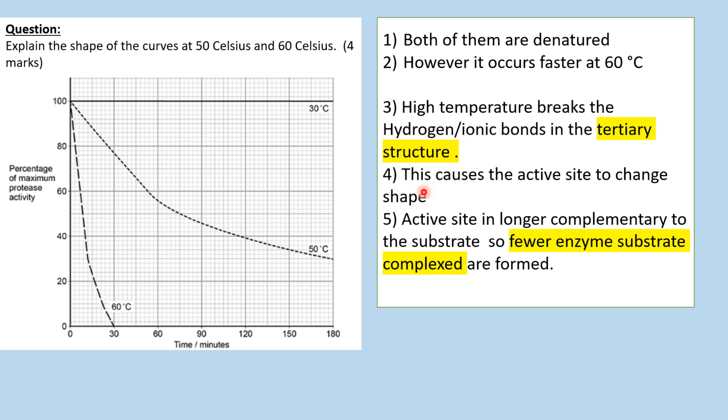Hydrogen, ionic, that's enough. This causes the active site to change shape, and if the active site has changed shape, that means it's no longer, keyword, complementary to the substrate. So therefore, very important, fewer enzyme-substrate complexes are formed, so therefore the rate of reaction decreases or goes to zero eventually.